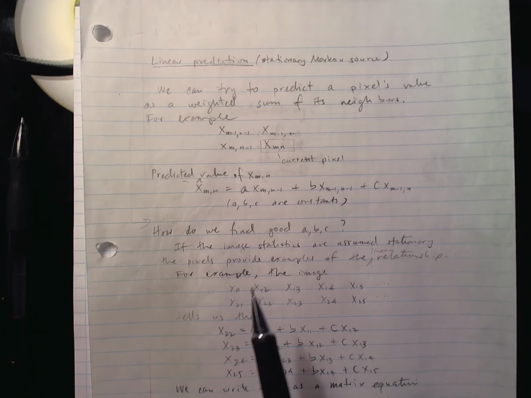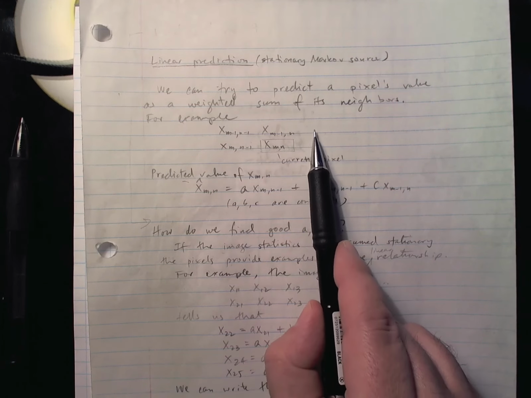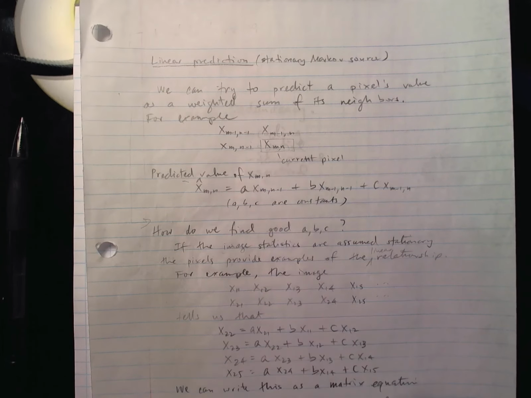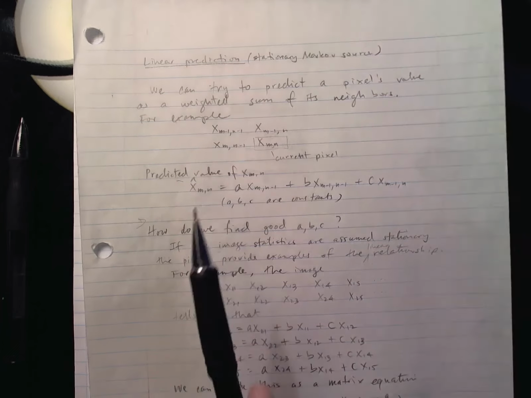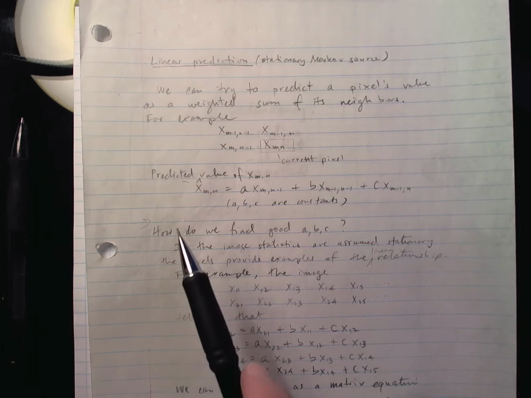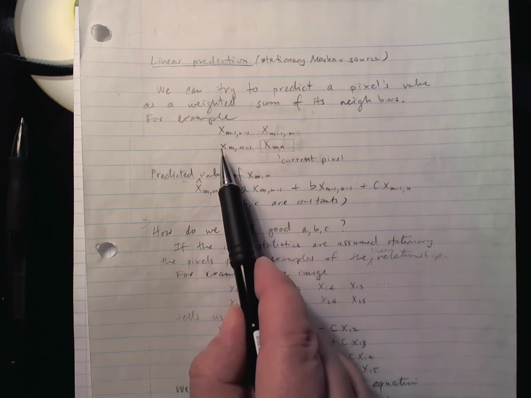Now, you may wonder, well, pixels have neighbors all the way around. There's one up here, one to the right, down here, here, here, right? Why are we not using those? The reason is that if we assume that the image will be communicated in raster method, like lexicographic ordering, then the pixel values will come one row at a time.